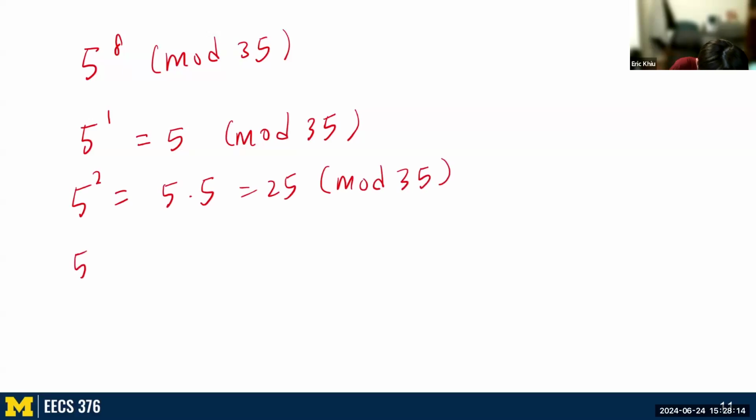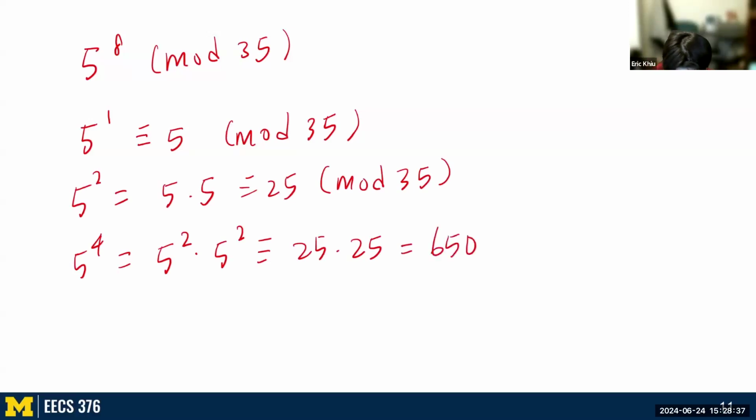Then you compute the powers of 2. The next one is 5 to the 4th, which is 5 squared times 5 squared, and we already know that this is equivalent to 25 times 25 in mod 35, which is 25 squared is 650.